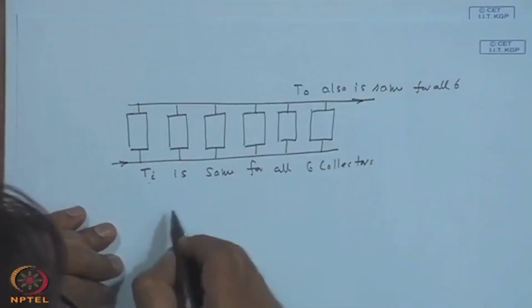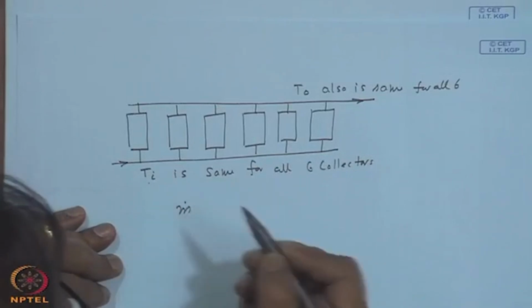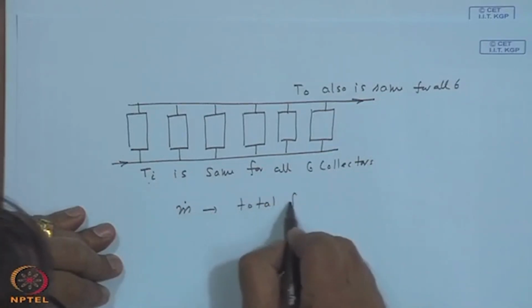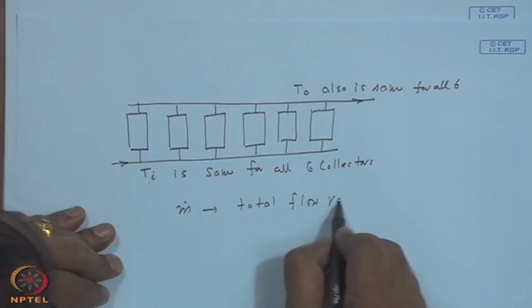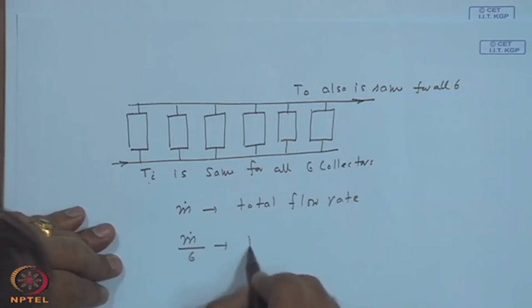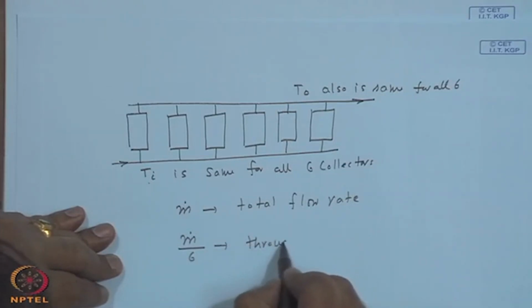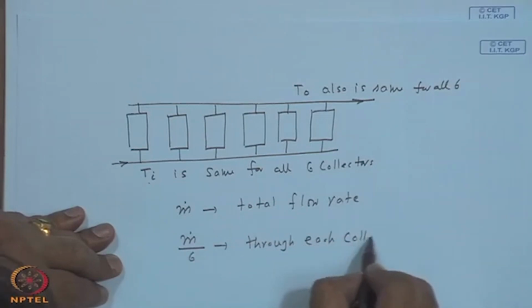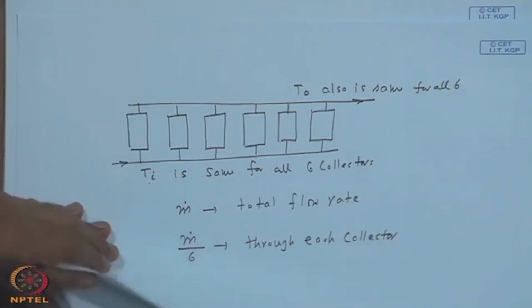So, the flow rate, if this is m dot total, we have got m dot upon 6 through each collector. Okay. So, the corresponding pressure drop will be that due to m dot by 6.